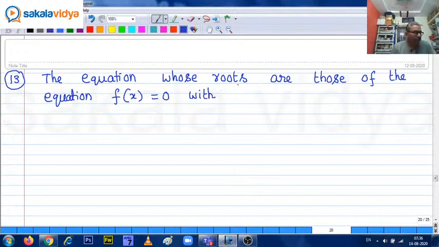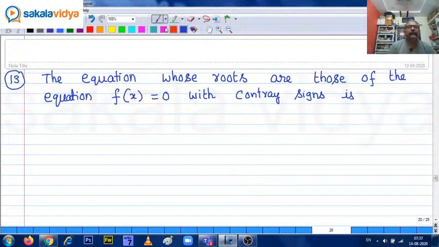That means the equation whose roots have the opposite sign to the roots of f of x equals 0. That is the meaning.